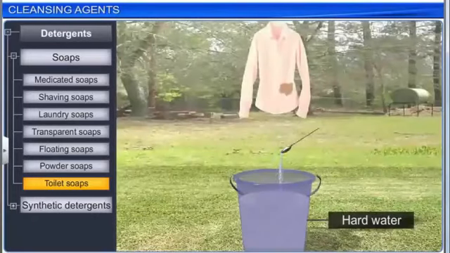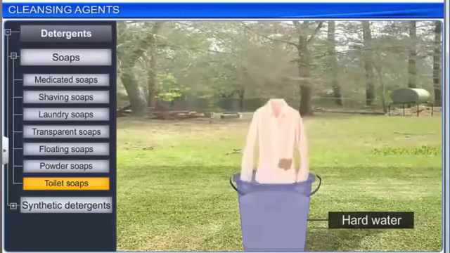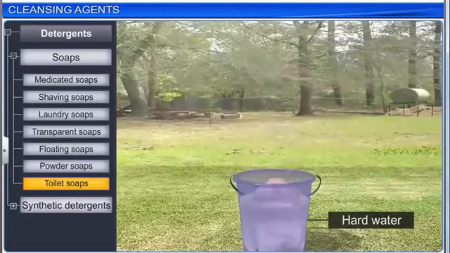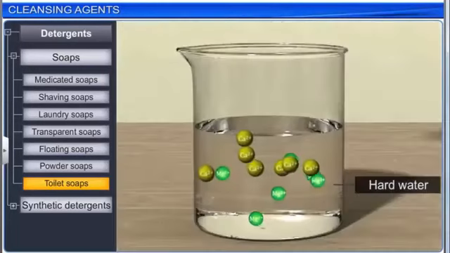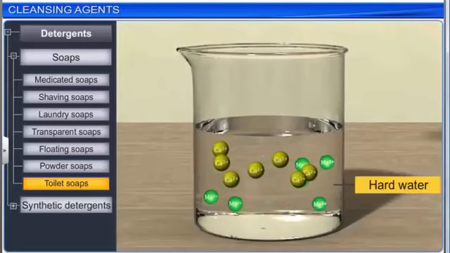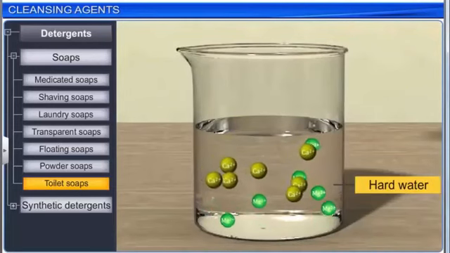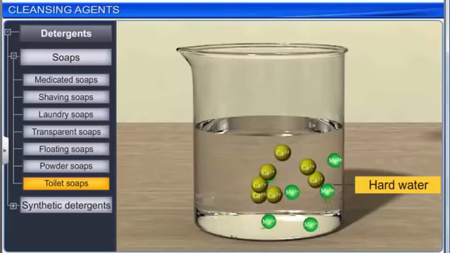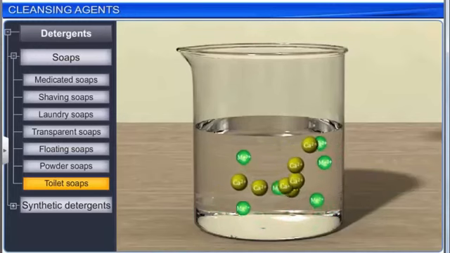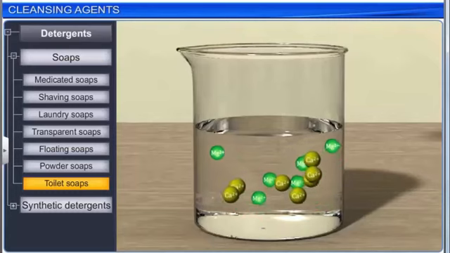Soaps are good cleansing agents, but they do not work with hard water. Hard water has high mineral content that primarily consists of calcium and magnesium ions. These ions make the water resistant to soaps.